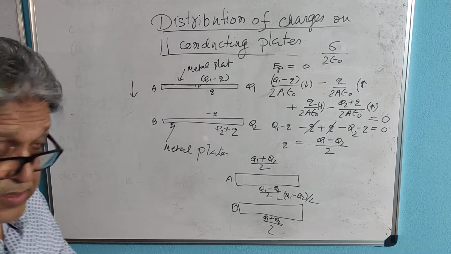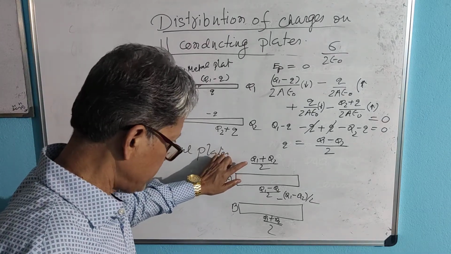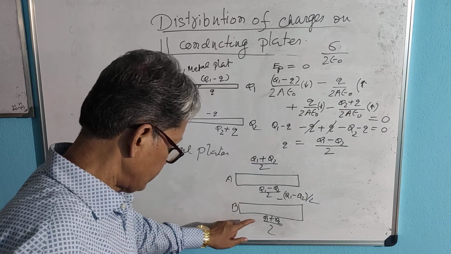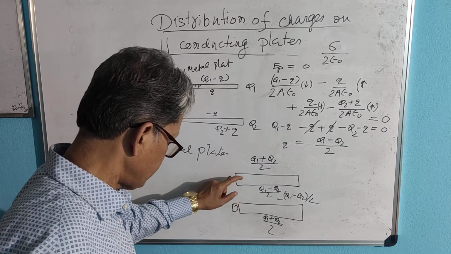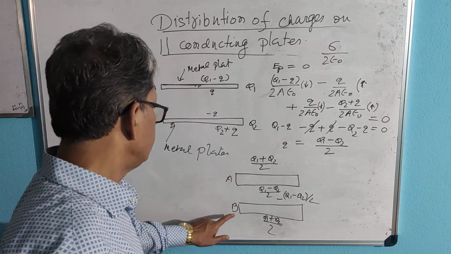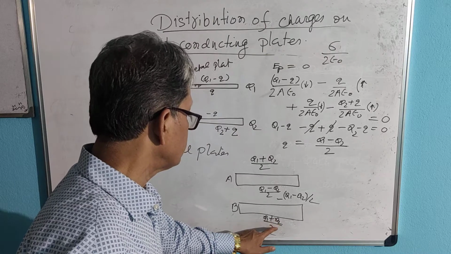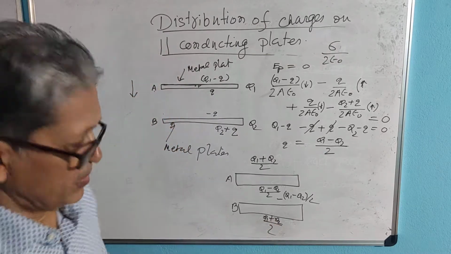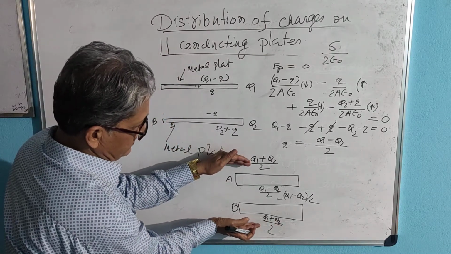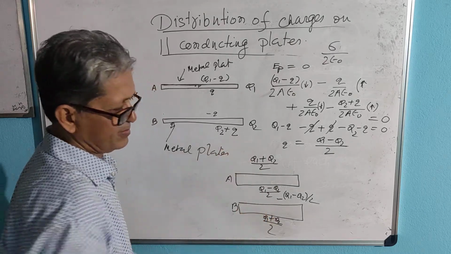And interestingly, you see that the charge on the upper face of the plate A is equal to the charge on the lower face of the plate B. Extreme surfaces will always have equal charges.